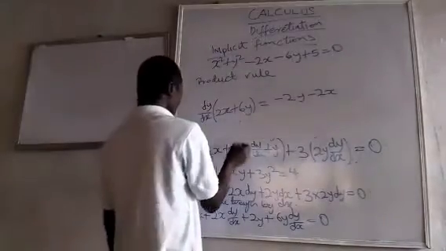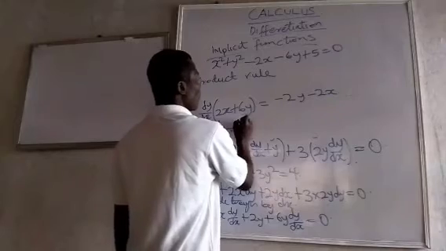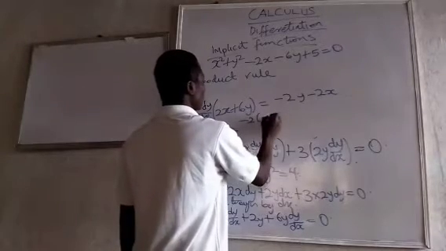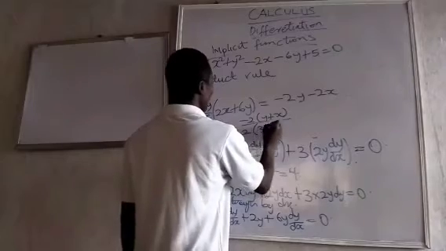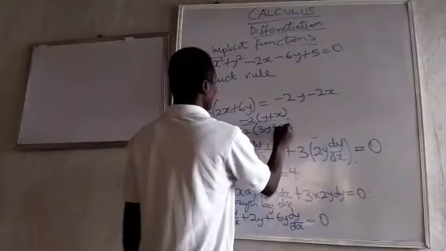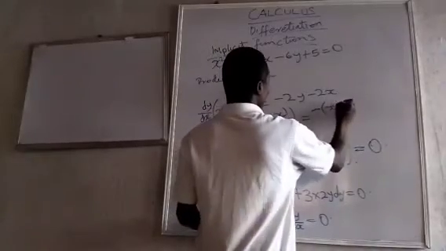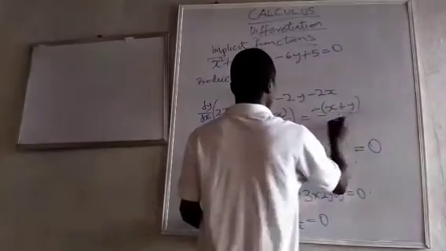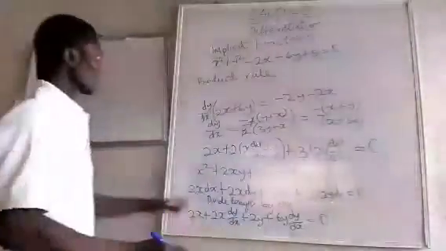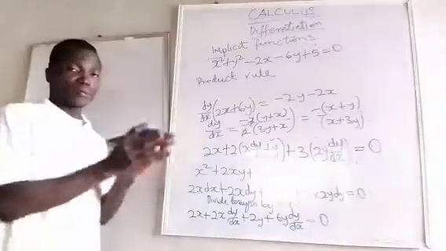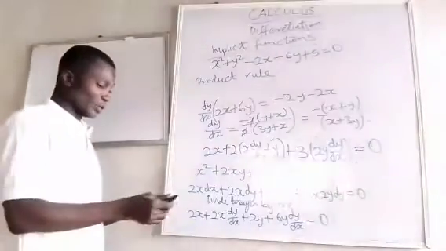So dy/dx will be equal to minus 2 times (y plus x) over 2 times (3y plus x). So it's minus (x plus y) over (x plus 3y). So you can see implicit functions make the job very easy. Don't let me waste time on this. Just get it. Later on when we are practicing questions, we'll get it further.